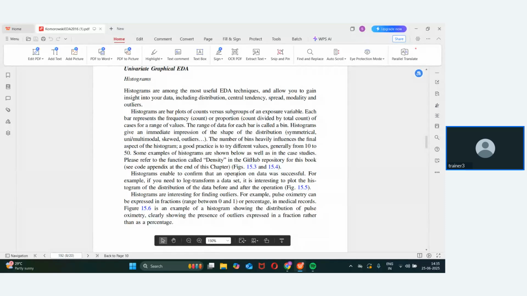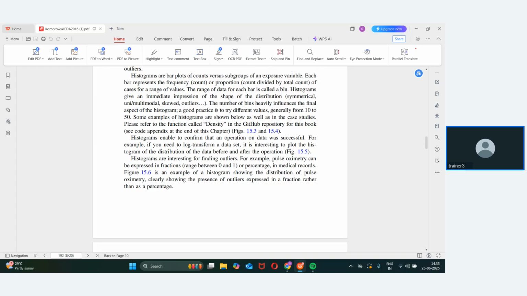So coming to univariate graphical EDA, histograms. What are they? Histograms are the most used EDA techniques, which allow us to gain trends in our data. It helps us to understand central tendency, outlier detection, and etc. They are bar plots.